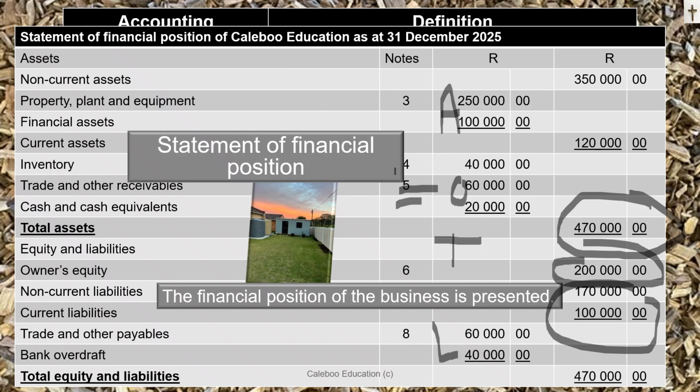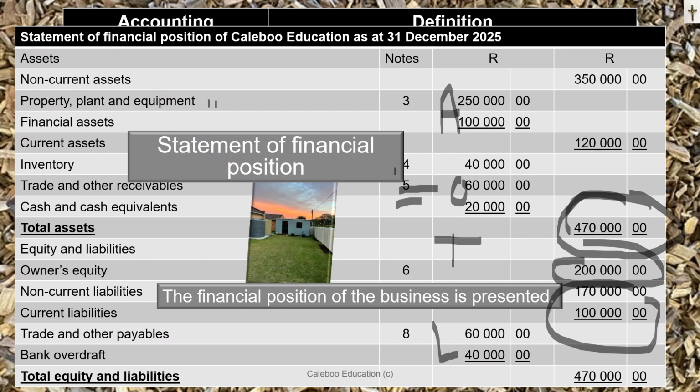So the statement and the accounting equation are basically the same, except you have drawn up this accounting equation in a standard format, the statement of financial position.